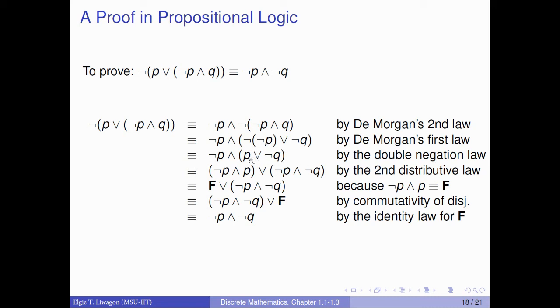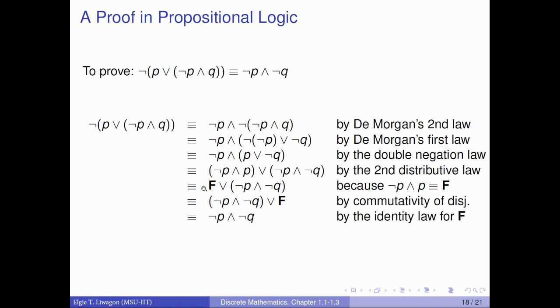The second distributive law, you distribute this over this one. So not P and P, or not P and not Q. Then because not P and P is false, we replace it by false. That's what is happening there. Commutativity. So we just rewrite it. Well, you might choose not to rewrite it really.